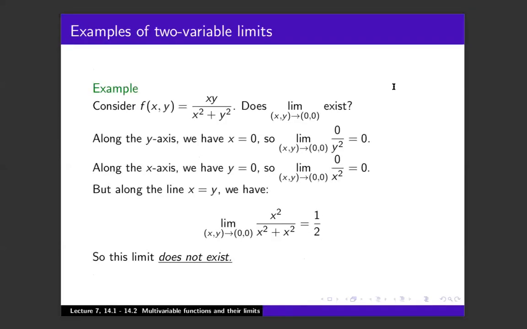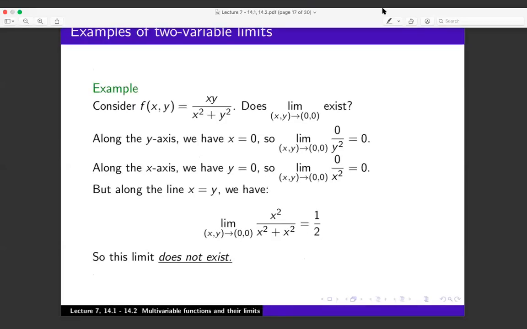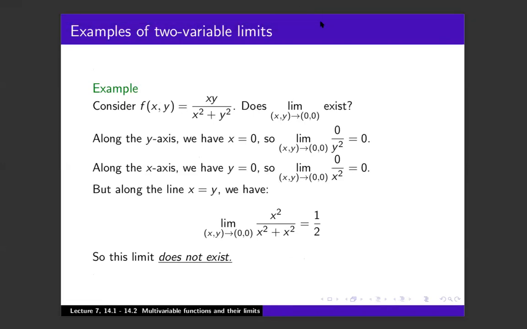Now, here's a different function. You could have the function f(x, y) equal to xy over x squared plus y squared. Now, does this limit exist? Well, along the y-axis we get 0, and along the x-axis we get 0. So far this looks promising, right?